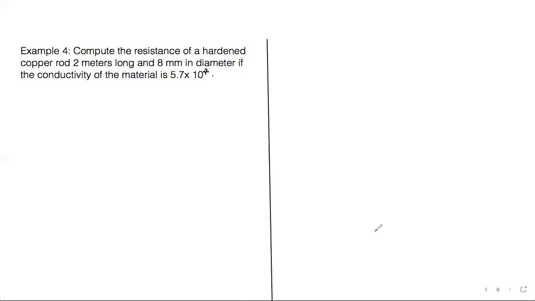Then the last example. You have to compute the resistance of a hardened copper rod, 2 meters long and 8 millimeters in diameter, if the conductivity of the material is 5.7 times 10 raised to the power 7 per ohm per meter. So that's the unit.